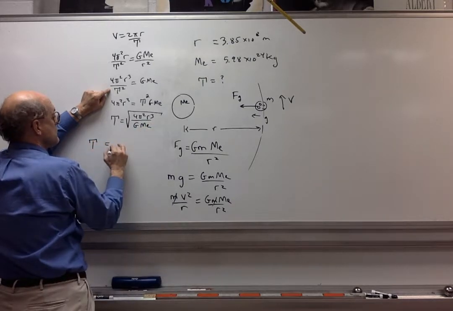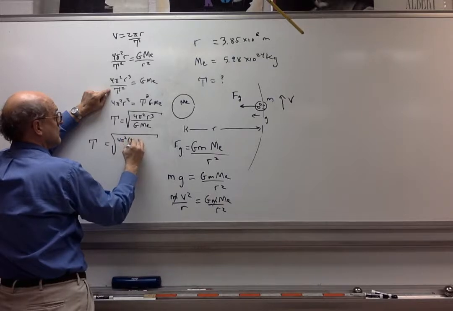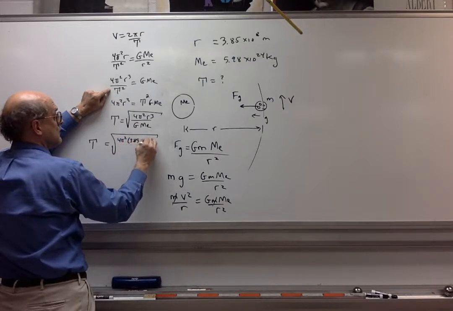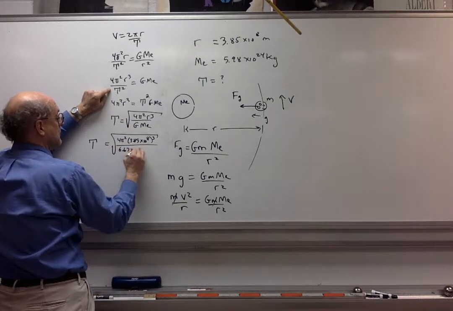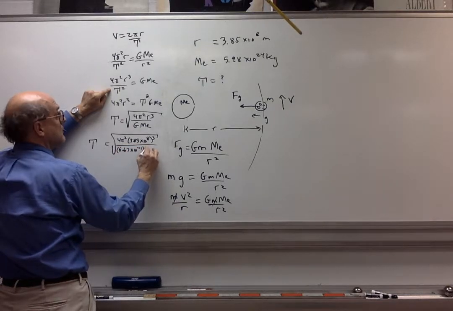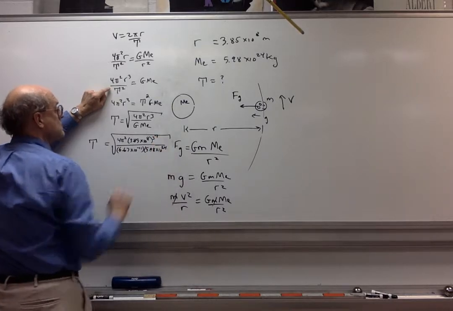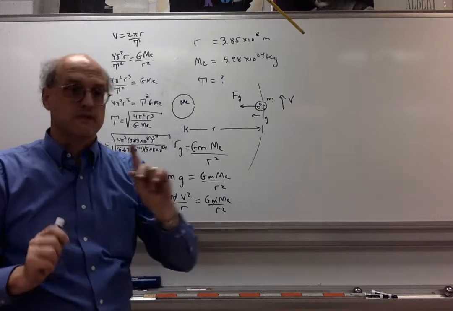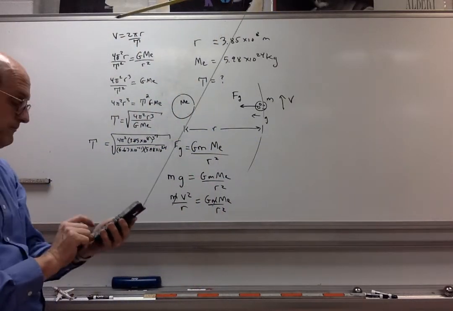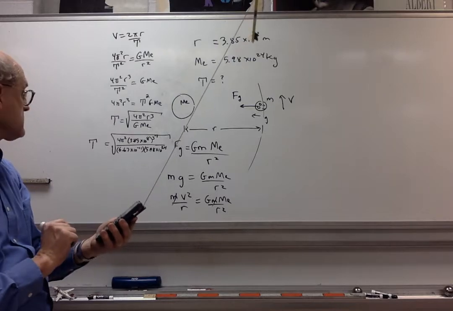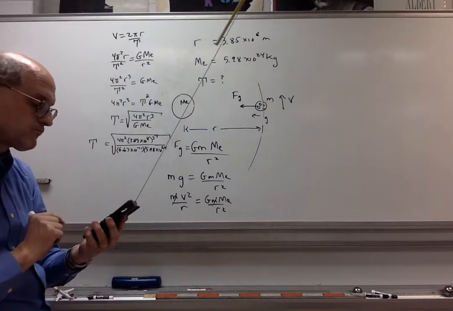Okay, so let's do the numbers. This is going to give me the period in seconds. So 3.85 times 10 to the 8th, we have to cube that.